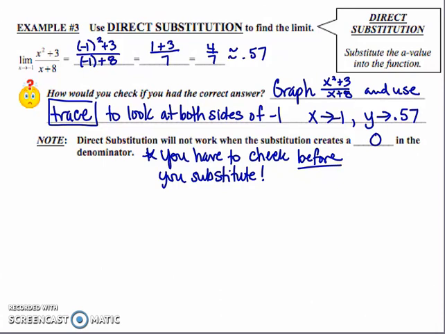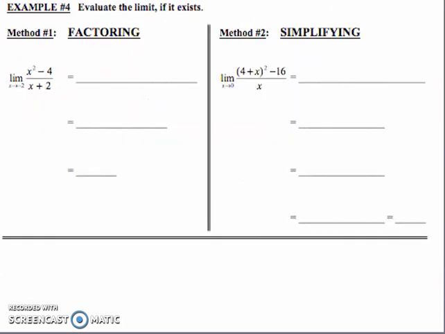So in the next examples, we're going to look at a few other options. Example 4, we're going to use first factoring as a method and then simplifying. So we're going to look at 2 different problems, and 2 different ways to tackle how to evaluate the limit.